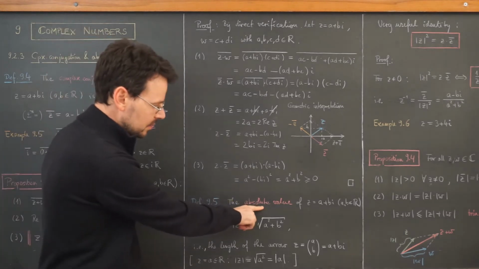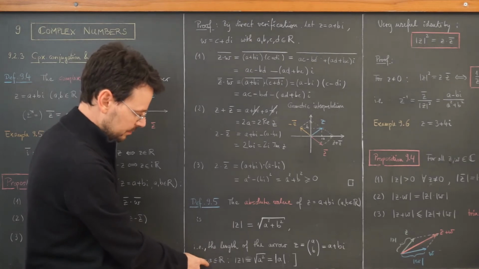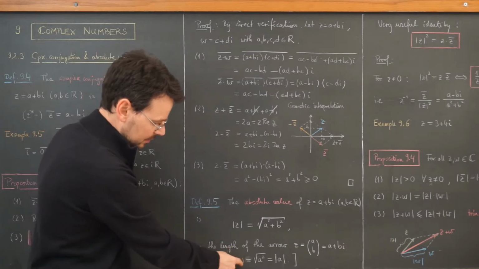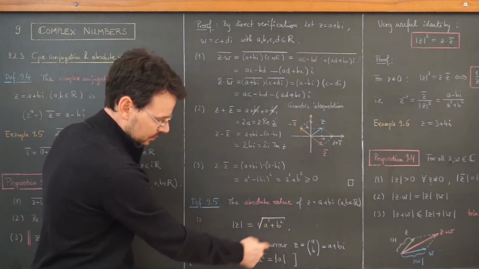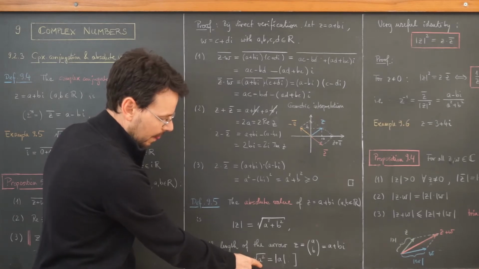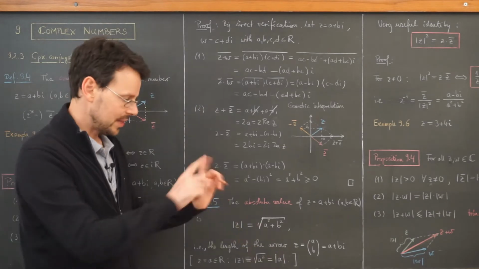The name absolute value, I suppose, comes from this observation. If I take z to be a real number, then the absolute value is by definition the square root of a squared plus 0 squared, so the square root of a squared. And this is the absolute value of a, the real absolute value.